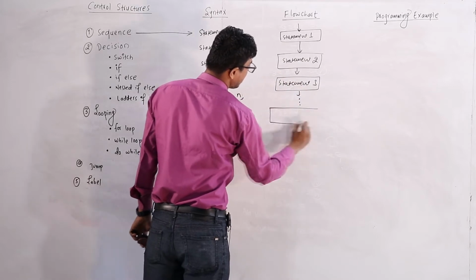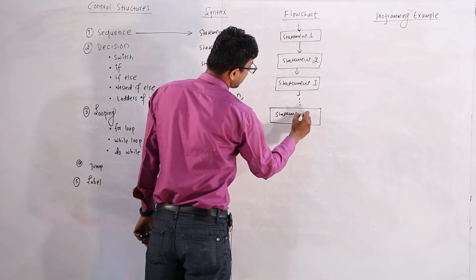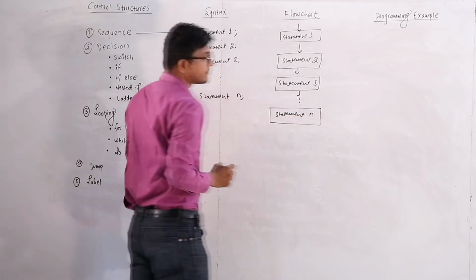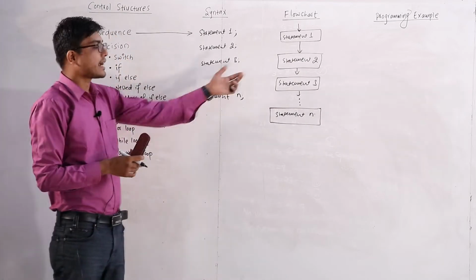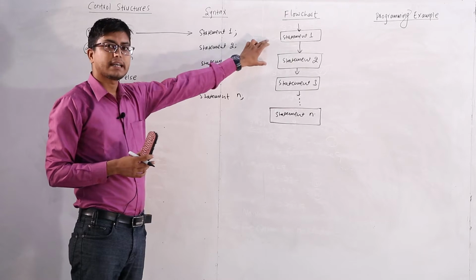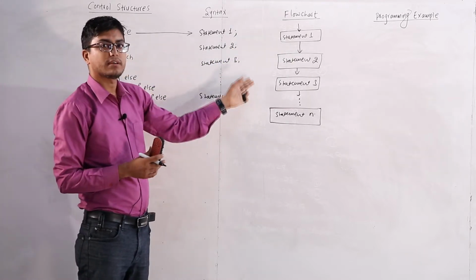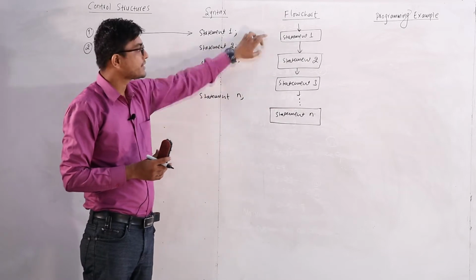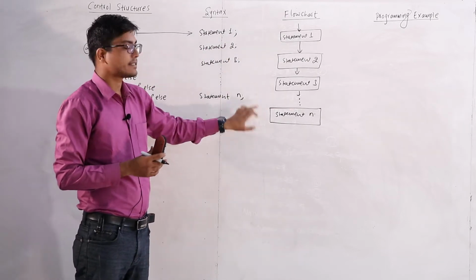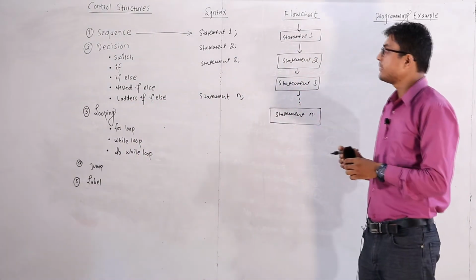A number of statements are executed one by one, up to statement n. So from this flowchart you will identify that all the statements are executed one by one. Flowchart shows how your control flows from top to bottom: statement 1, statement 2, statement 3, statement n. So simple. Now let's take one programming example.